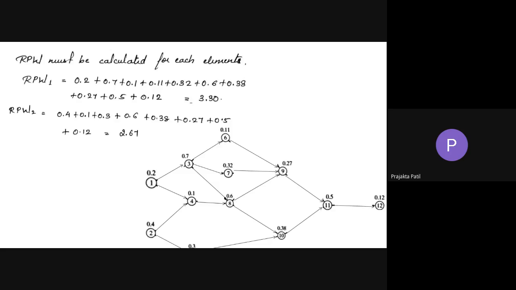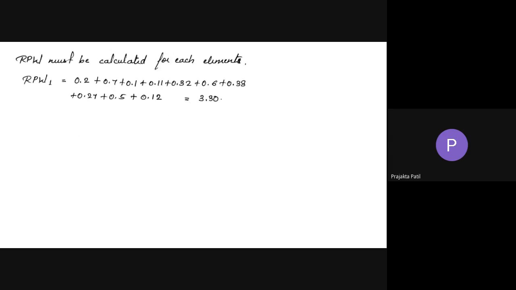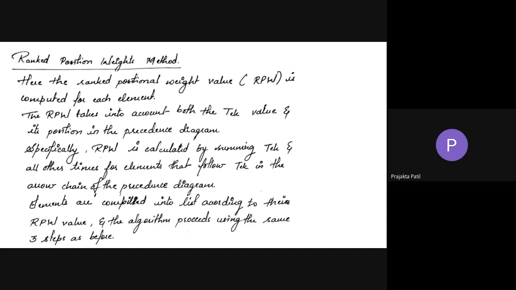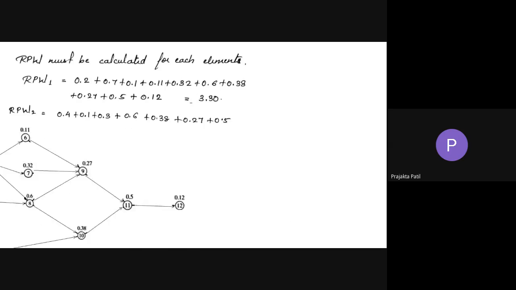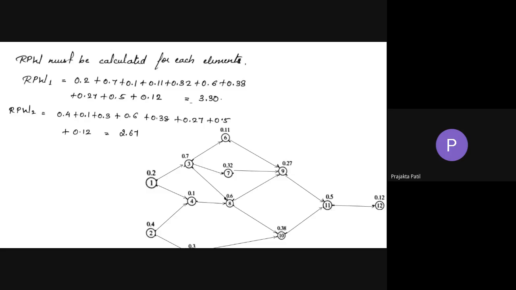The RPW value is calculated by summing the Tek and all other times for elements that follow it in the arrow chain of the precedence diagram. If you consider the first work element, you have to sum all the work elements that follow this work element 1.